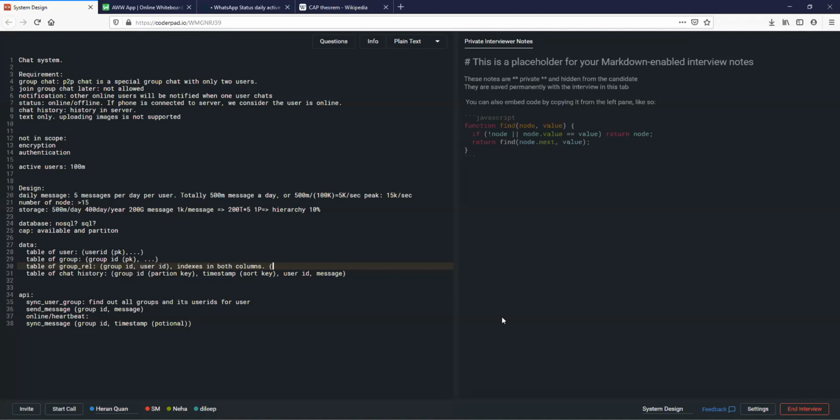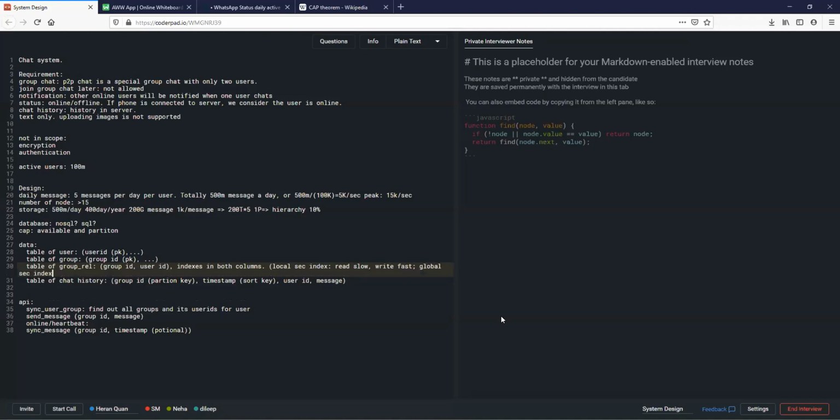I didn't know this. Local secondary index is read slow, write fast, and global index is read fast and write slow. Is it correct? Yes, yes. Okay.